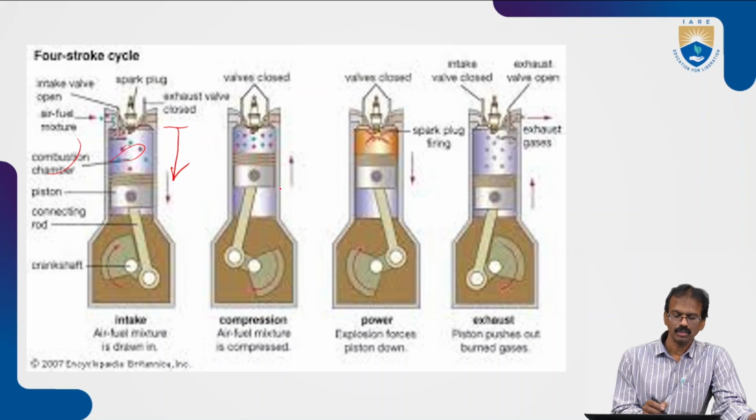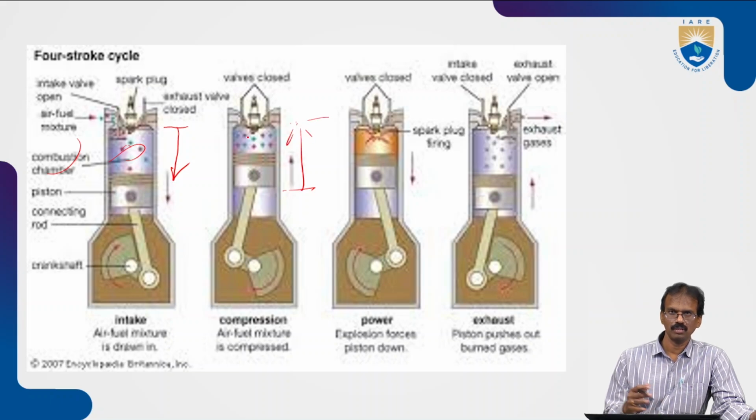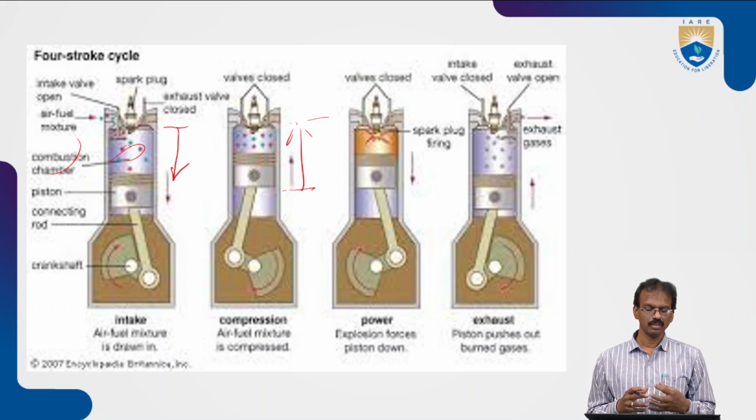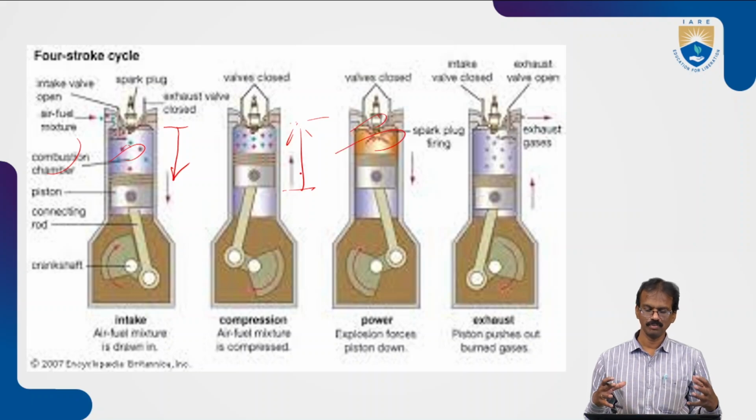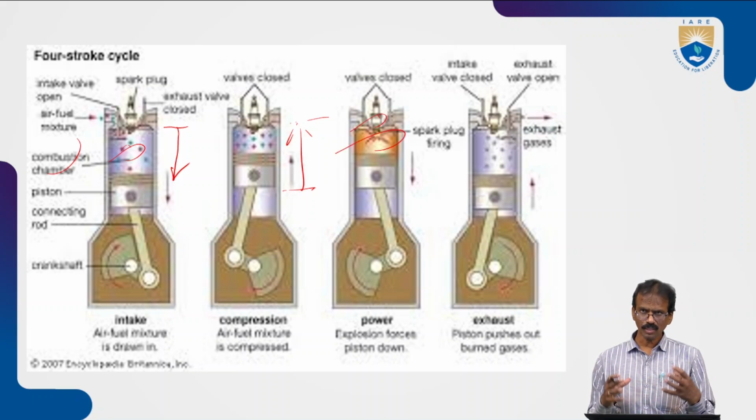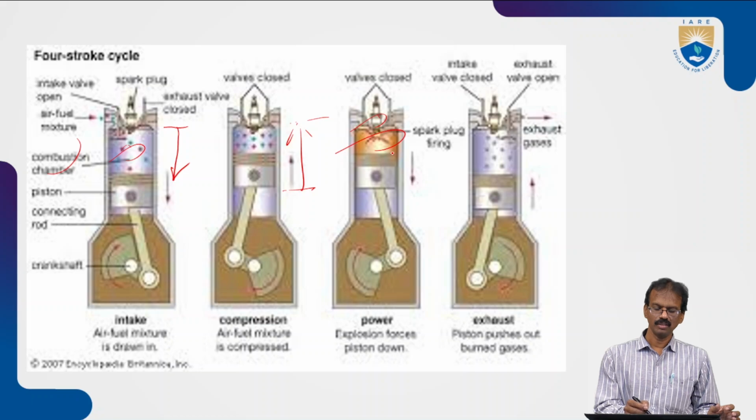In the compression stroke, the piston moves from bottom dead center to top dead center, so the charge which is filled in the cylinder is compressed. At the end of the compression, by the help of the spark plug, combustion takes place. Combustion means burning of the fuel, which releases high energy.